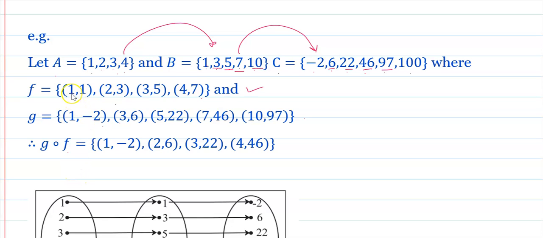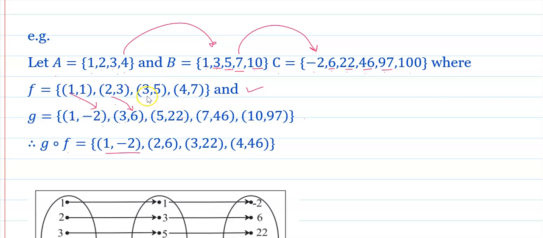See how gof is defined. The image of 1 is 1, and here the image of 1 is -2, and therefore gof of 1 is -2. Next, the image of 2 is 3, and the image of 3 is 6, which means the image of 2 under gof is 6. Next, the image of 3 is 5, and the image of 5 is 22.